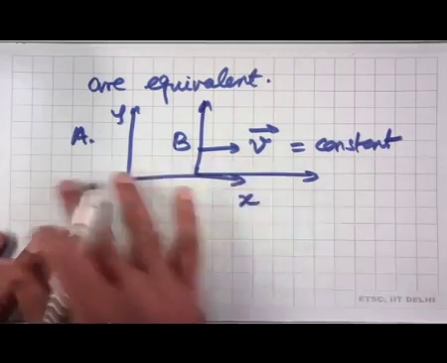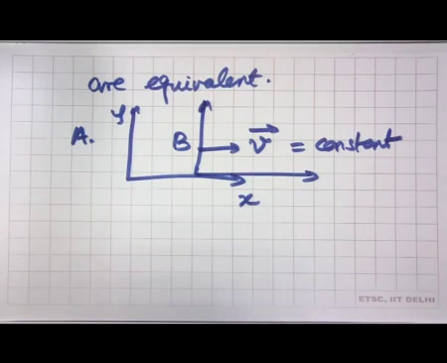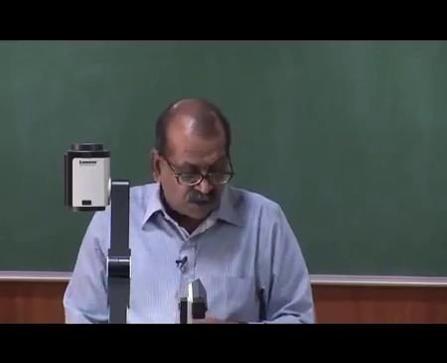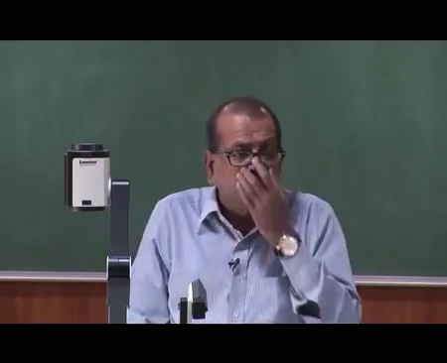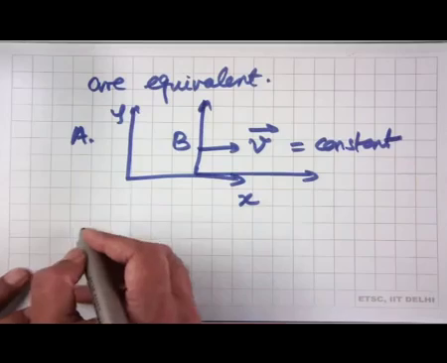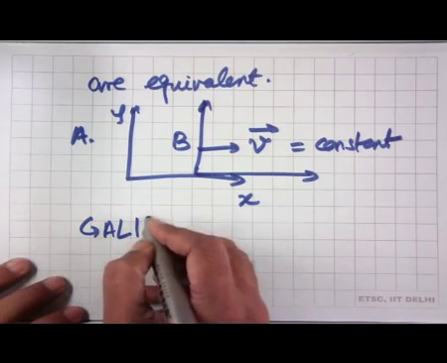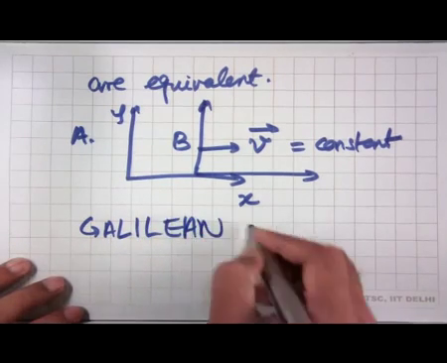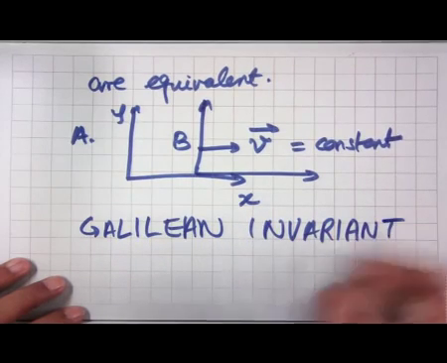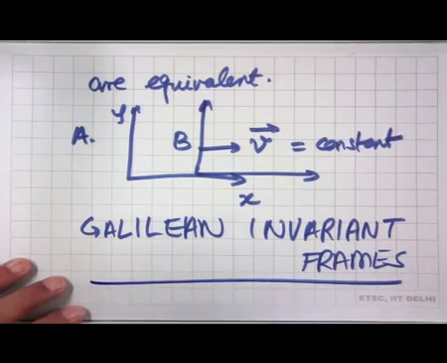So, these two frames are of the type which I have described, that they are either at rest with respect to each other or moving at constant velocity, and these two frames are equivalent as far as the effect of forces is concerned. And there is a name given to this. These frames are called Galilean invariant frames. This is just a name given to this, and you may come across this, that is why we are giving this.